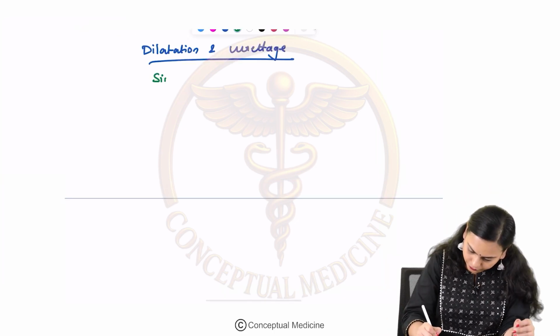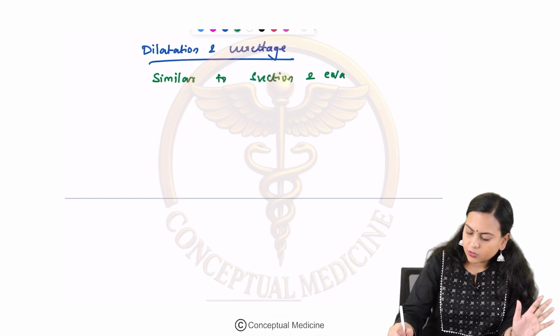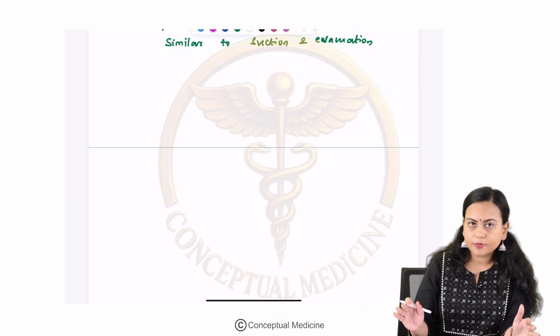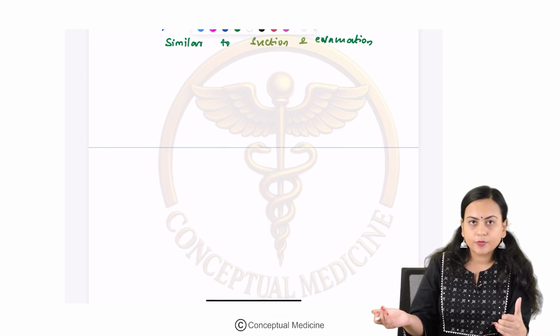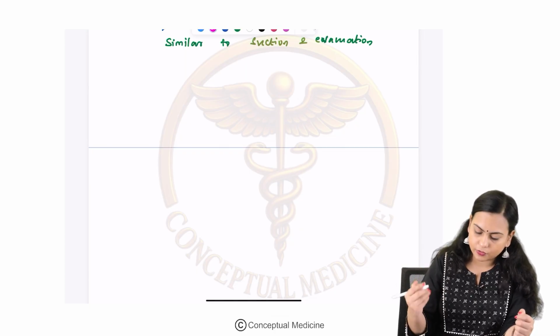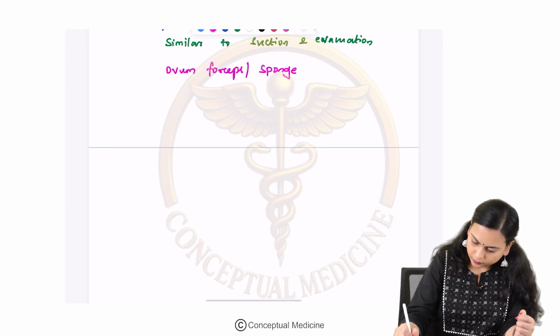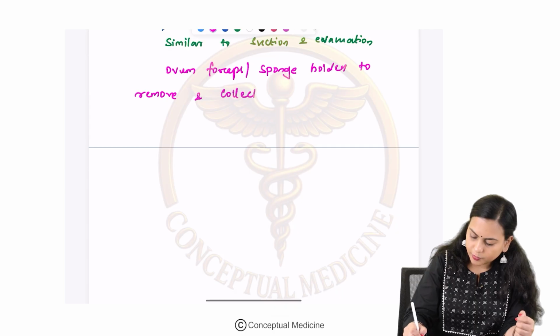Similar to suction and evacuation, all the steps will be similar, except that you are not connecting it to a suction machine, and you will be using an ovum forceps or a sponge holder to remove and collect the products of conception.